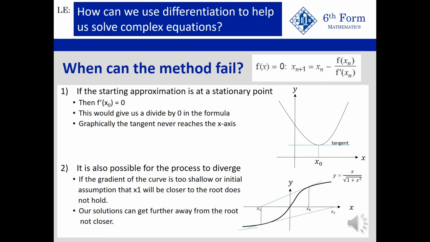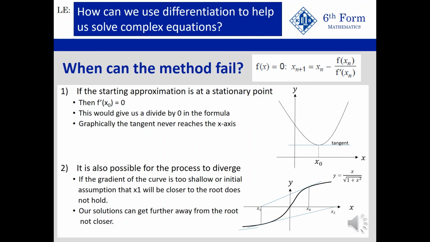Our gradient comes out to being 0. From the formula's point of view, we'd end up with a divide by 0 in the formula, which would make sure that didn't work out. And the way we've set it up graphically, it wouldn't work because we'd never get this triangle shape we could work the gradient out for. So it would never meet the axis somewhere new. That's one instance where it won't work.